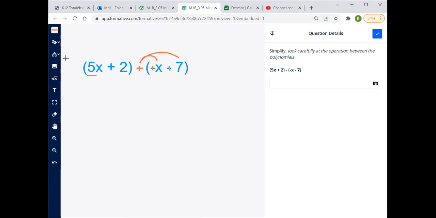So we can combine our like terms. So we have 5x and 1x is 6x, and 2 and positive 7 now is positive 9. So remember, a negative symbol changes the sign. Okay. You can also break that down into 2 steps if you'd like.